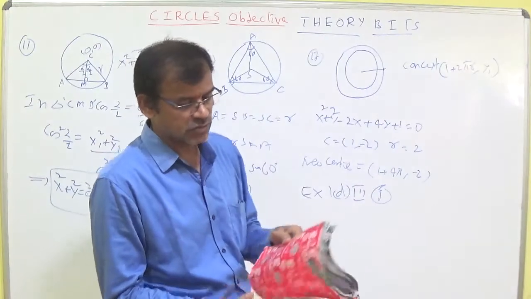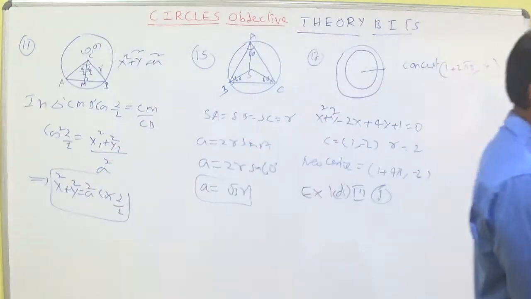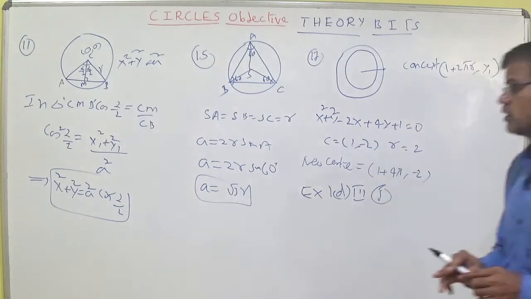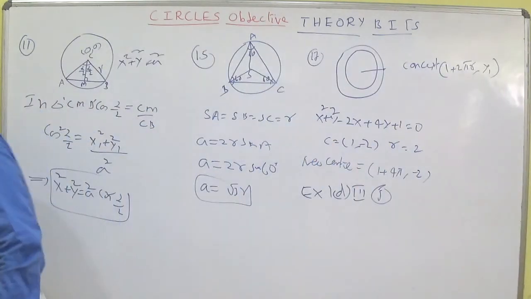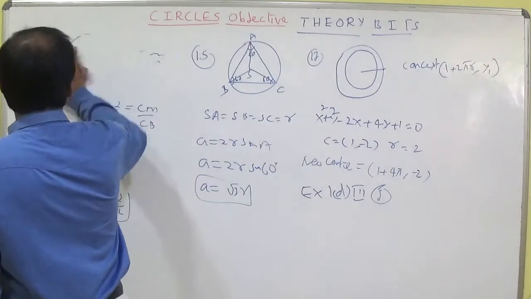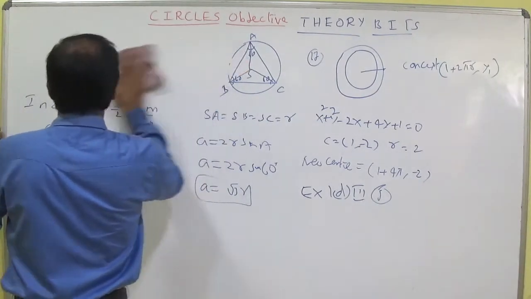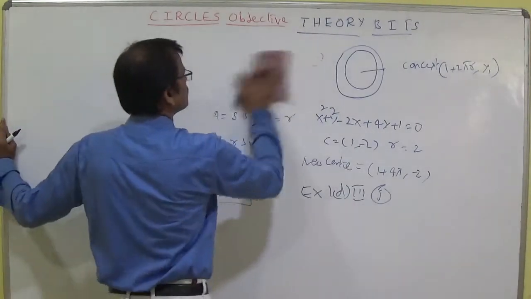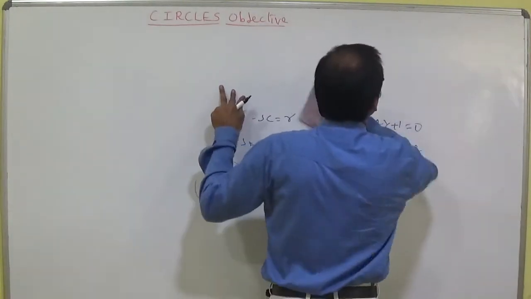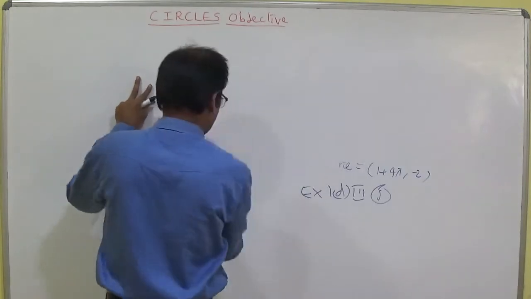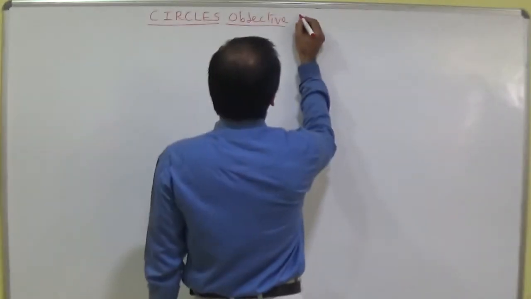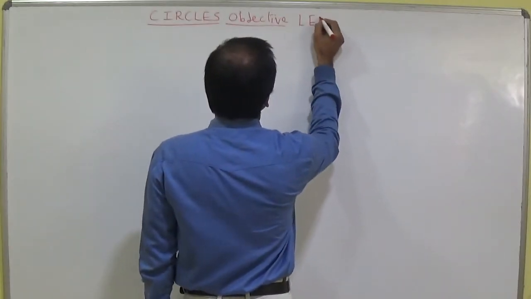Now successfully we have completed CUQ or theory bits. Now let us go ahead to discuss the level 2. Level 1 you do homework. Circles objective level 2 classwork.